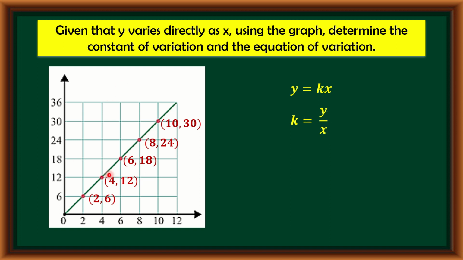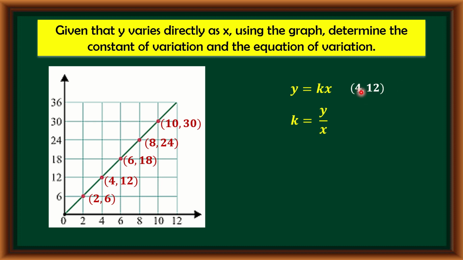If you notice, I have here the same graph as the graph that I used before. Let us check if we will arrive at the same answer. From that activity, our constant is equal to 3 and the equation of variation is y is equal to 3x. Let us see if we will arrive at the same answer if I choose other points than (2, 6). From here, I will be picking (4, 12).